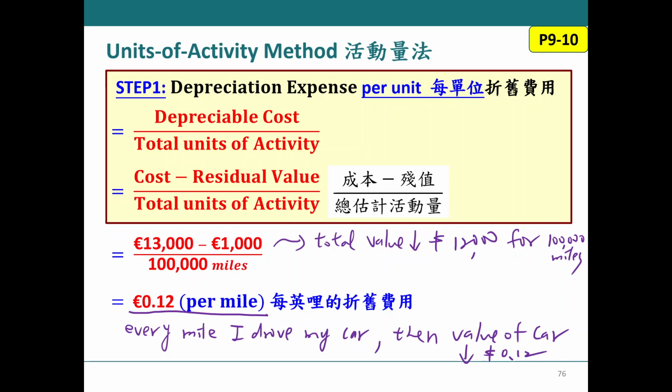Okay? So that's for per mile. So you should understand the meaning after each number.